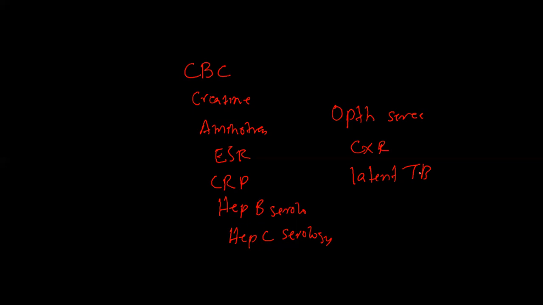DMARDs. The gold standard is methotrexate. You need to follow up the patient every 3 months. If there is an inadequate response in 3 to 6 months, you can change methotrexate to other DMARDs, or you can add another medication to methotrexate.